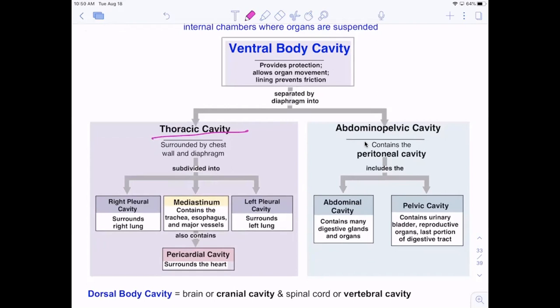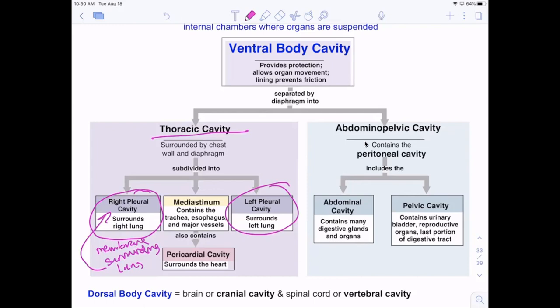So you have a right and left lung, right? So you have these membranes that surround right and left lung, and the membranes surrounding the lung are creating the pleural cavity.